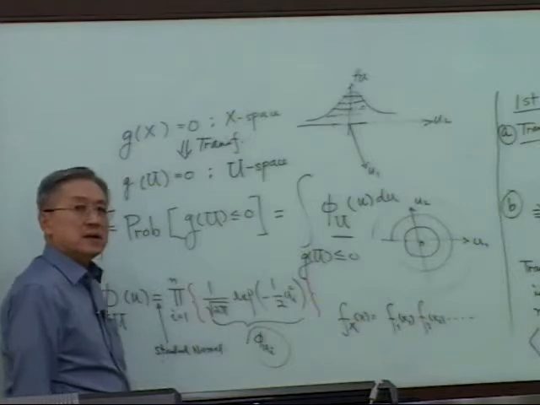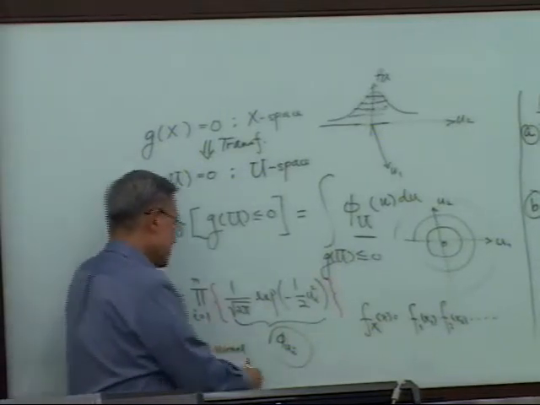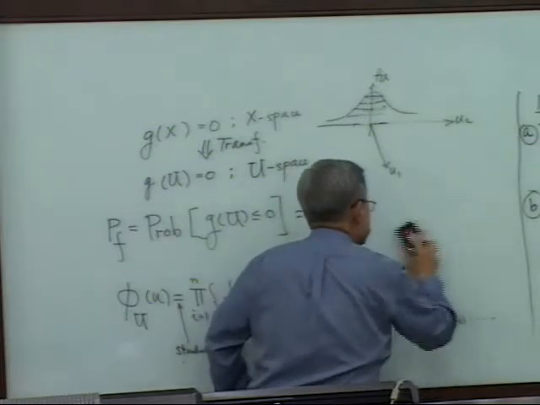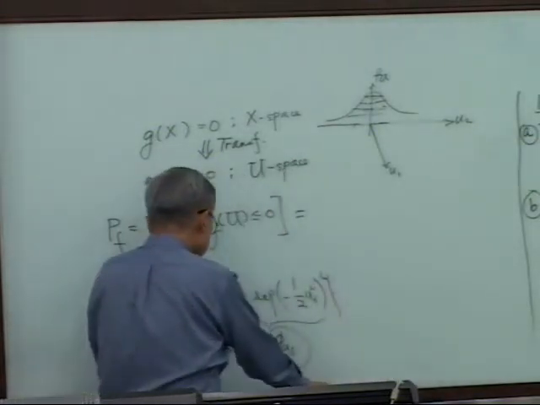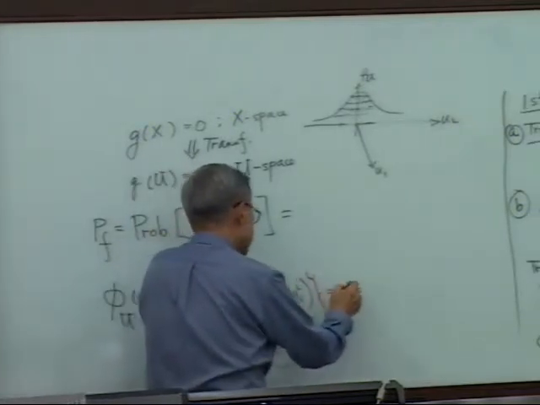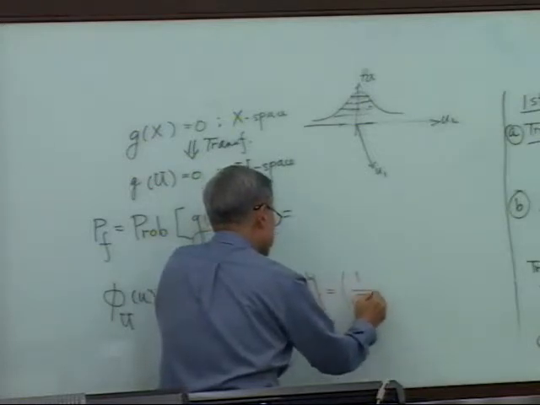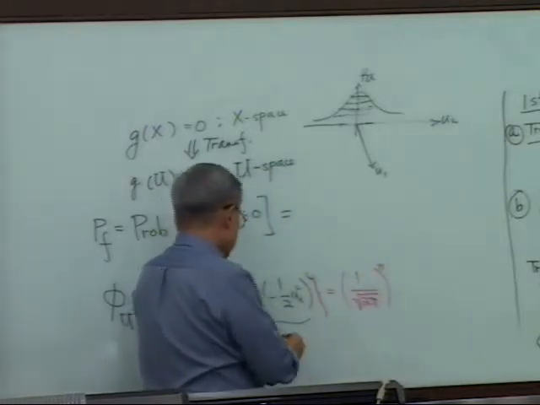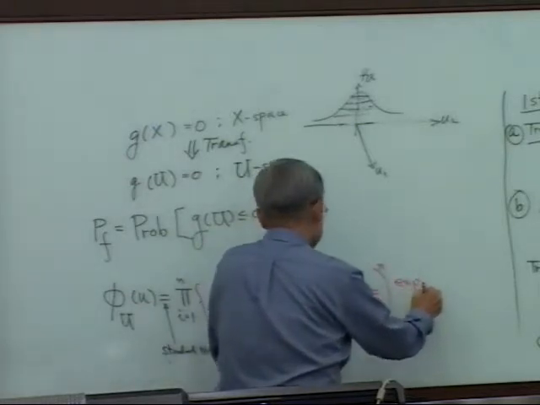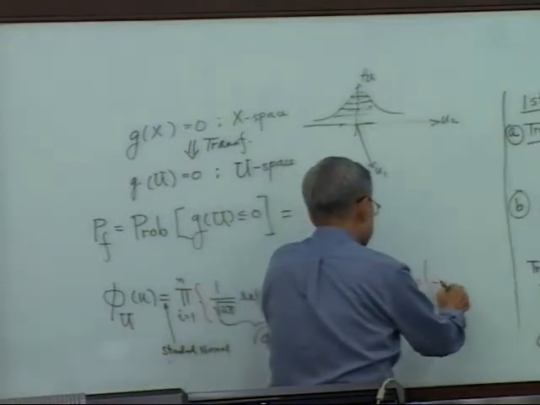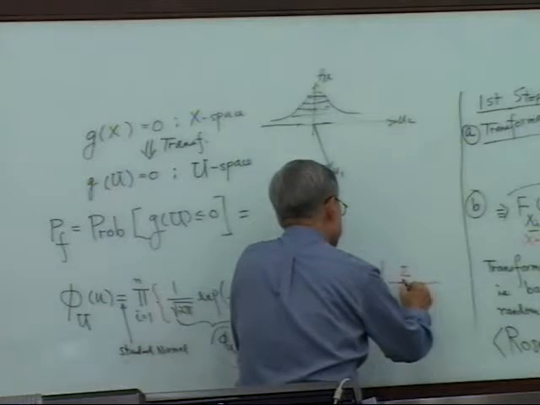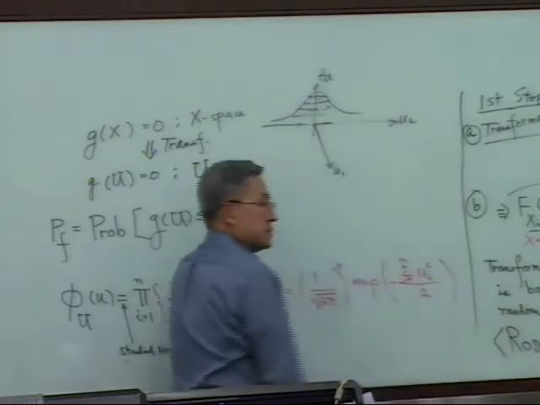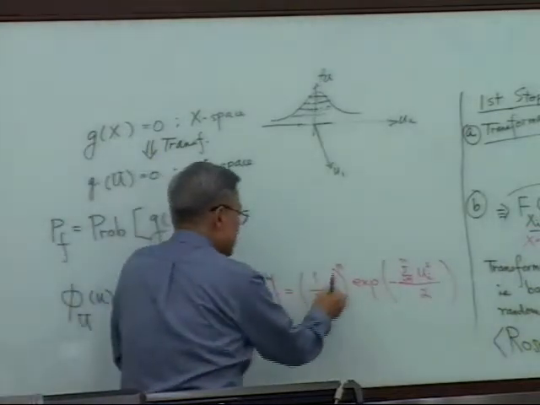So if you do that, I can rewrite this guy into slightly different form such that this is equal to 1 over square root of 2 pi to the n power, and exponential function minus half summation i equal to 1 through n of ui square. So there's an n power here.